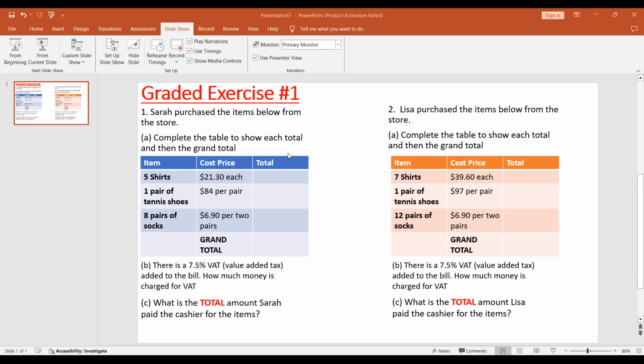I looked back at my notes and realized that for the 8 pairs of socks, I divided 4 by $6.90 instead of multiplying. Oh, you divided twice. So you don't divide twice. Divide once and then multiply by the answer that you got. Yes, sir. Good.